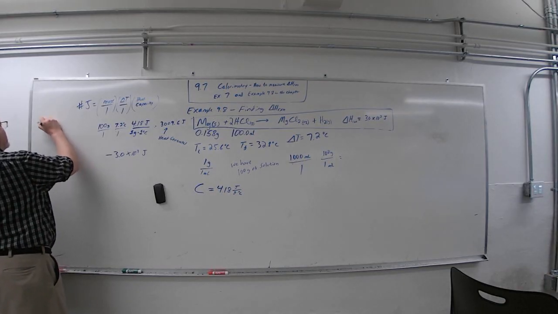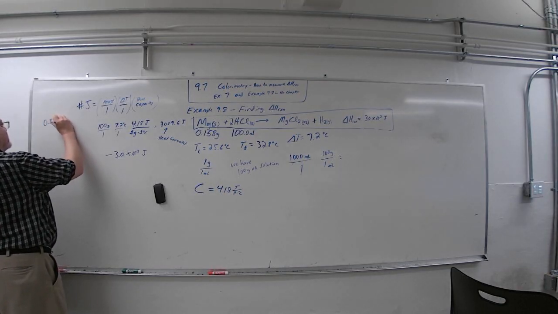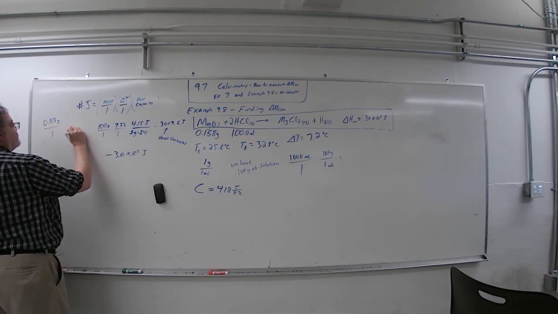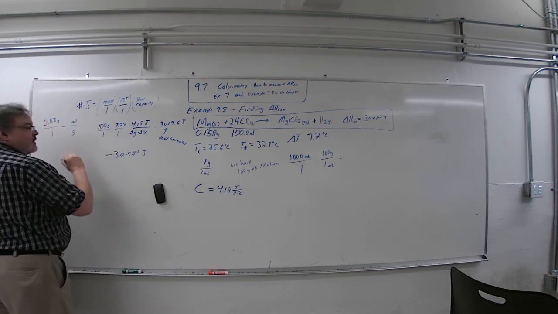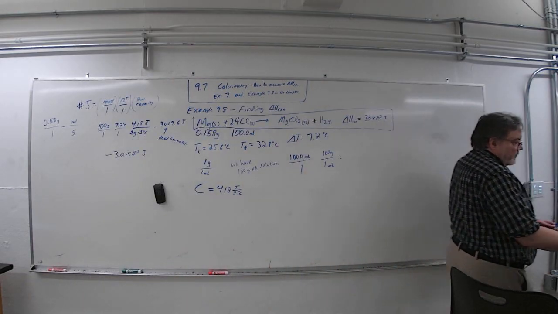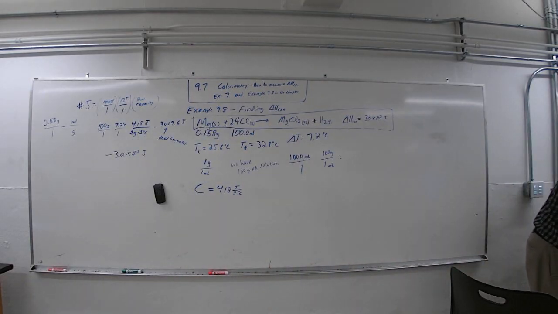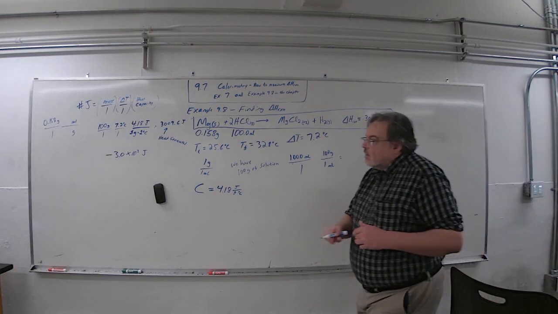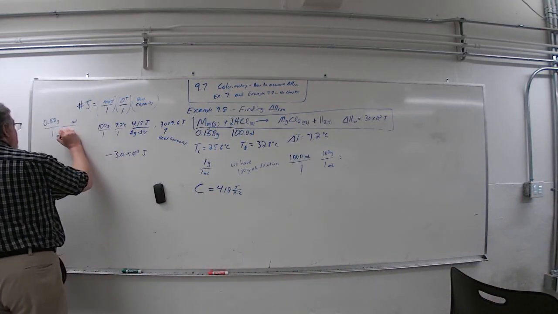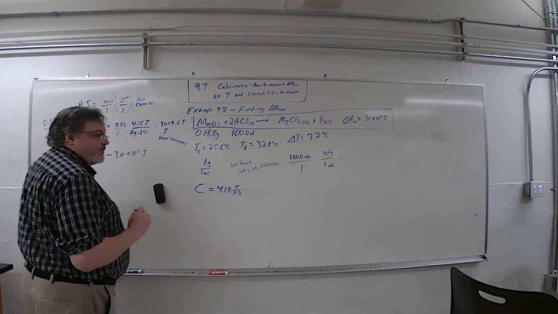We put in grams. And magnesium is 24.31 grams per mole. Did I say 24.31?